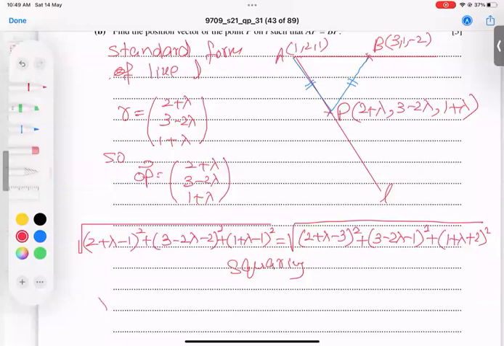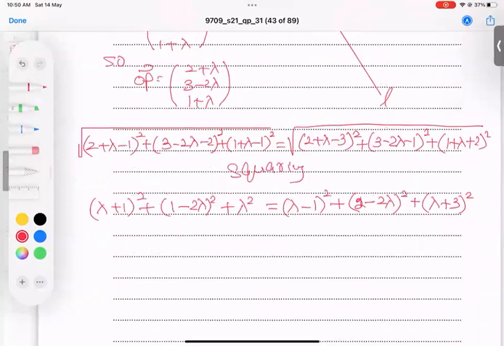And here I'm getting lambda plus 1 whole square, 1 minus 2 lambda whole square, here only lambda square, here lambda minus 1 whole square, here 2 minus 2 lambda, and here lambda plus 3 whole square. Nothing matches on both sides, so I have to expand both. No other solution I have.